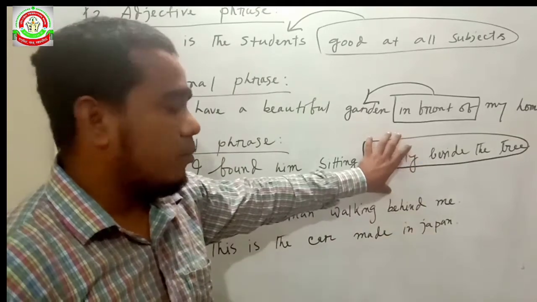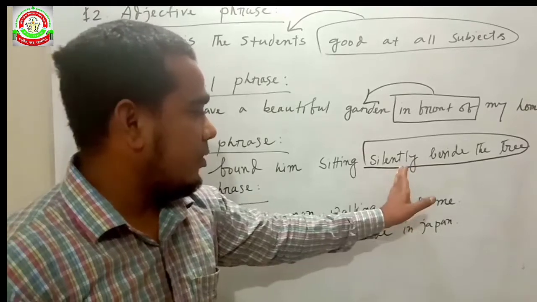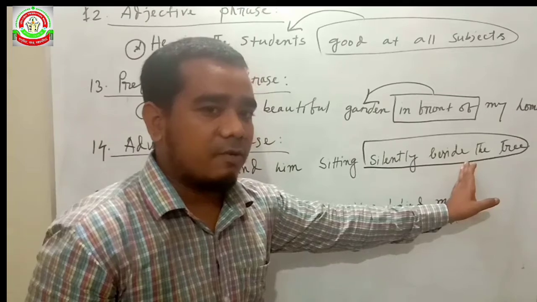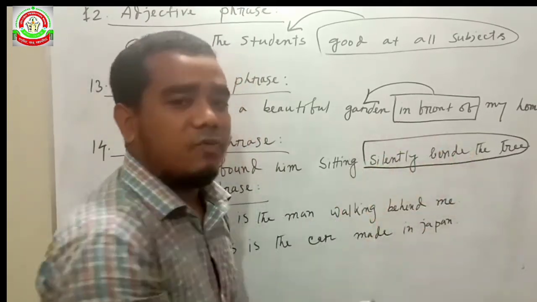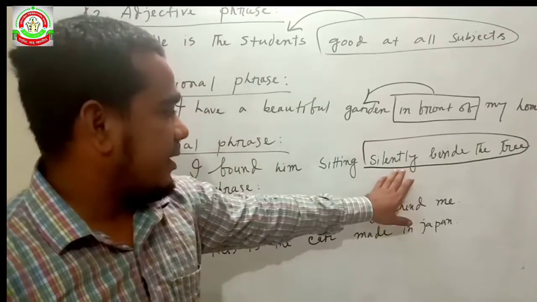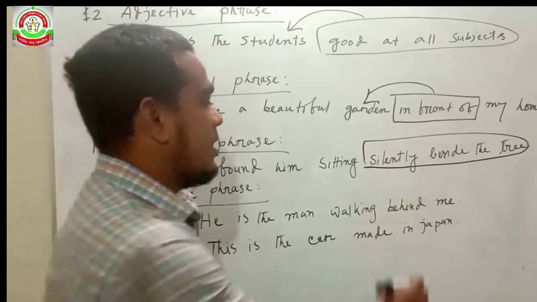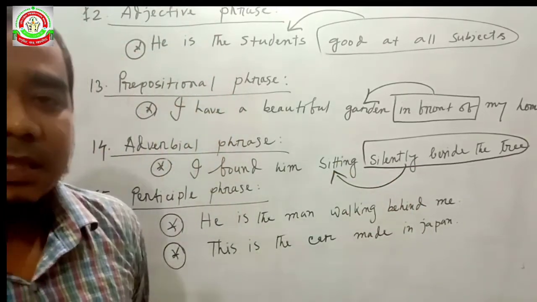Here the main word in this phrase is silently, and with this adverb I have taken some words for the complete sense of the sentence. So this combination of words makes the phrase, and it starts with an adverb and acts like an adverb, so it is an adverbial phrase which post modifies the previous verb, sit.